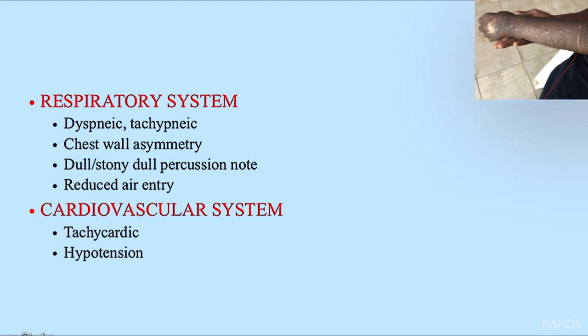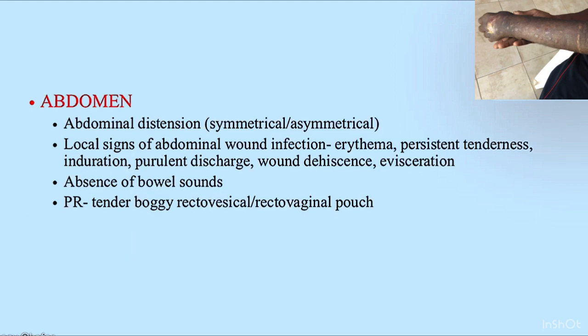For the cardiovascular system, if the patient comes down with septic shock, the patient will have tachycardia, and there might be hypotension. Then for the abdomen, there'll be abdominal distension, which may be generalized or localized. They might have local signs of abdominal wall infection: erythema, persistent tenderness, and absence of bowel sounds. Following a digital rectal examination, they might have a tender, boggy rectovesical or rectovaginal pouch.